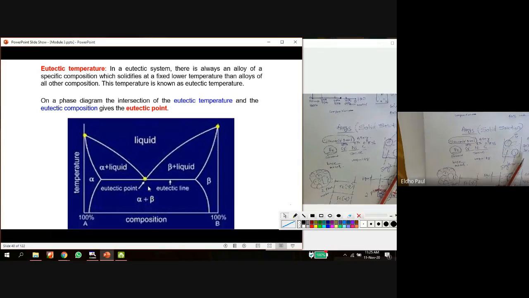In this region the solid solution can exist in two phases, alpha plus beta. So the alloy formed in this region will be two-phase, or heterogeneous. So an alloy can be formed homogeneously or heterogeneously.